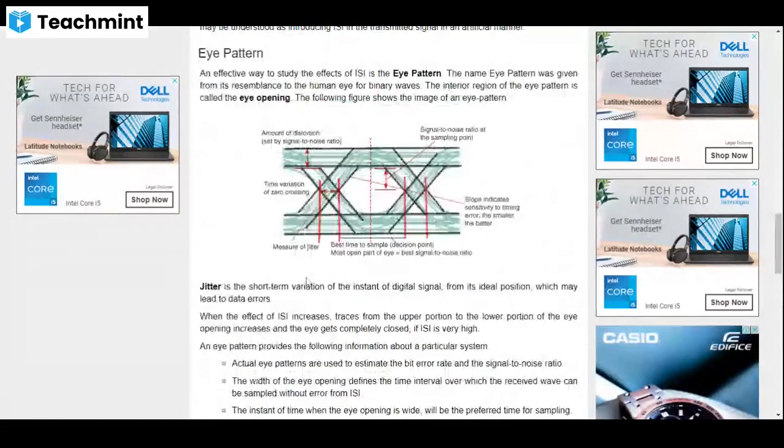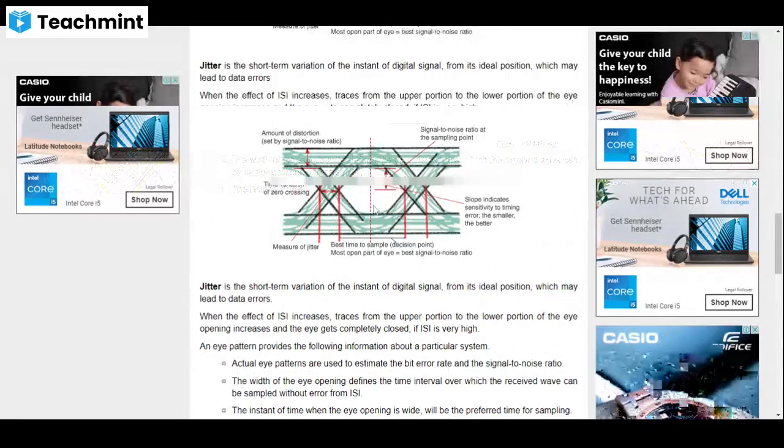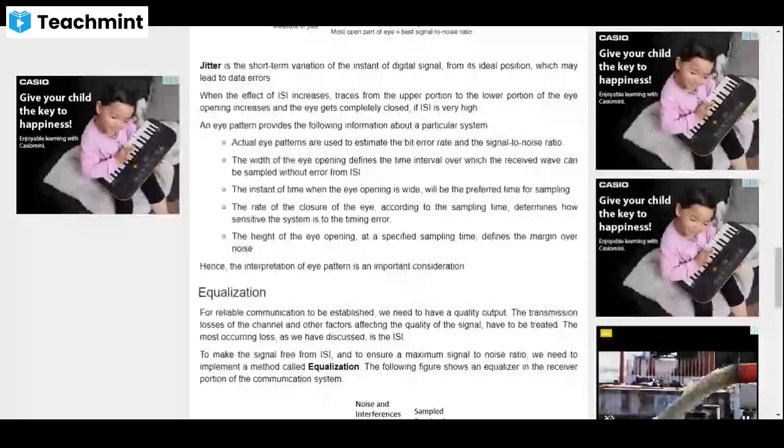That's why the best sampling point is shown here, because this opening indicates zero ISI. So you can sample your wave during this period only. The instant of time when the eye opening is wide will be the preferred time for the sampling.